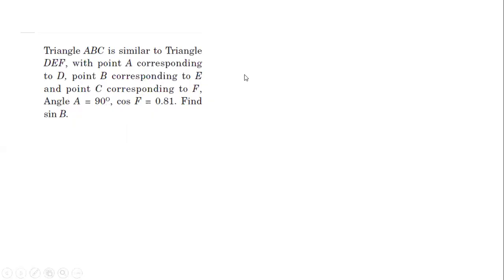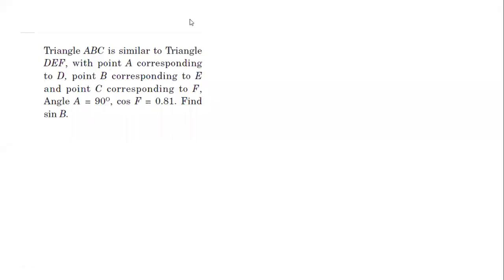So let's try to draw a right angle triangle. Let's say this is the triangle ABC. This is A, this is B, and this is C.